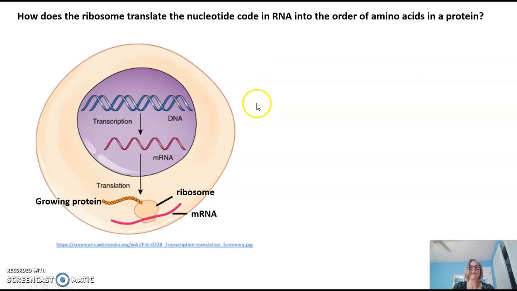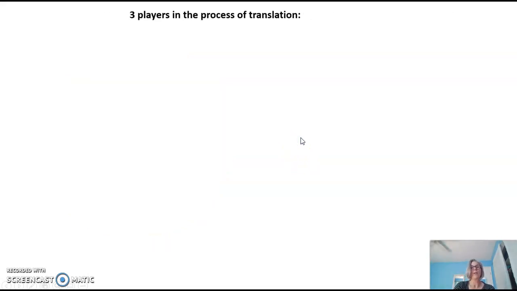So how does the ribosome translate the nucleotide code in RNA into the order of amino acids in a protein, as pictured here? Well, actually, it's not the ribosome that does the translating at all. It's actually another molecule called a tRNA. There are 3 players in the process of translation. There's the mRNA, the ribosome, and the tRNA, or transfer RNA.